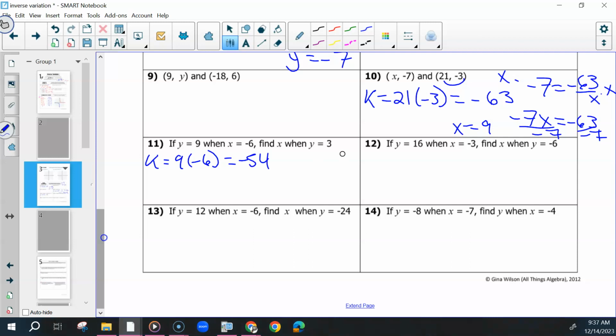How would we set this up? So just like this one, multiply both sides by x. Divide both sides by 3. x equals -8.